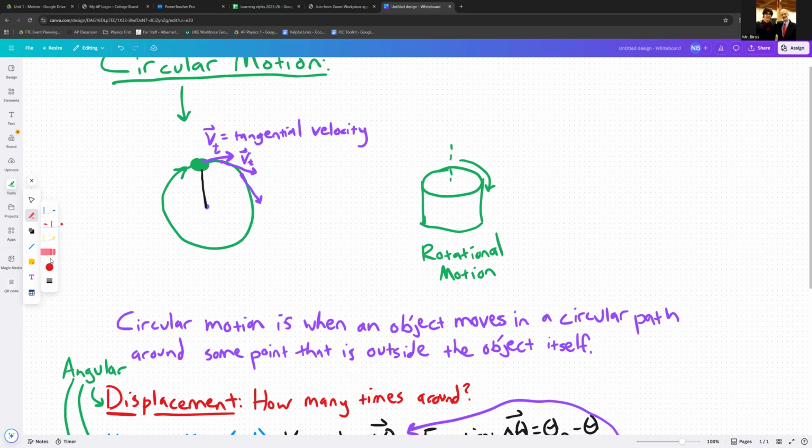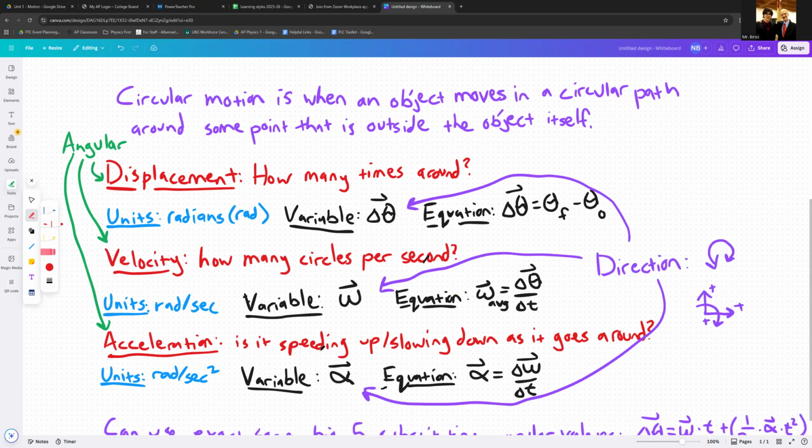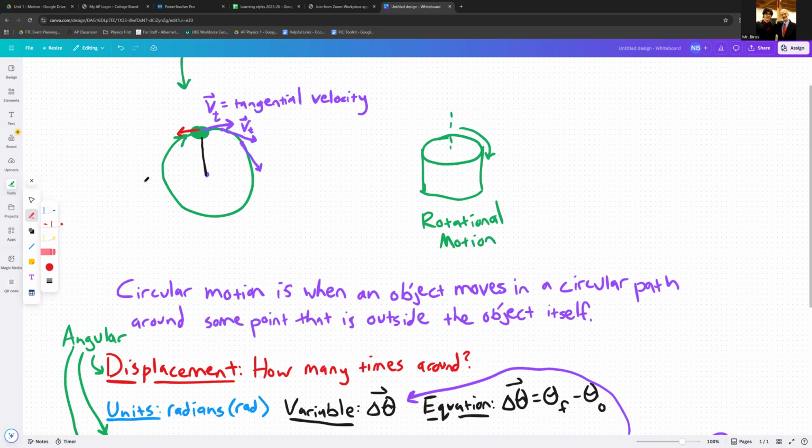So let's look at that. Now, there's multiple ways that the acceleration could act. If we had an acceleration like this, your object would actually slow down. We'd draw a smaller arrow for the tangential velocity, and as the arrow decreases, it wouldn't be going as fast. That would be like alpha, slowing down, as it doesn't complete as many circles per second.